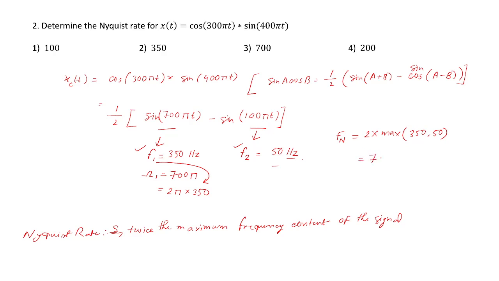So in this case it comes out to be 700 Hz. Sorry, this Hz will not be there. It's a dimensionless quantity, so the answer is going to be 700.